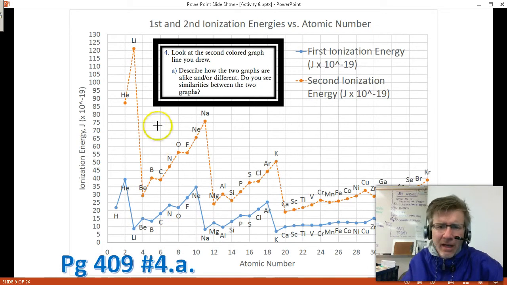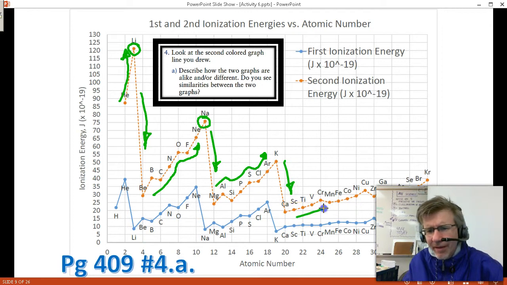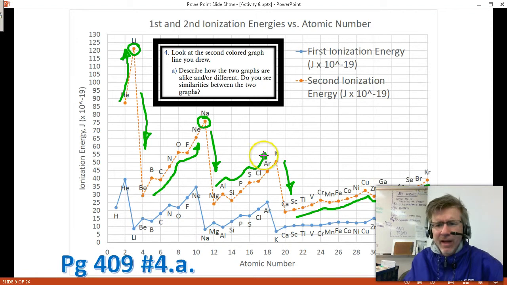I rise to a peak, and then I've got kind of an element at the peak, and then I have a huge drop off. Then I have an element at the peak, after a little bit of a rise with a couple of hiccups. Then I have a huge drop, again a rise with a couple hiccups, huge drop off, and then this is kind of a smoother rise, a little bit of hiccup, and then boom, another peak.